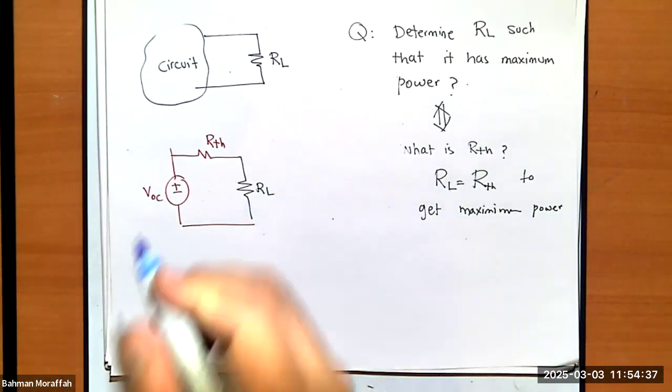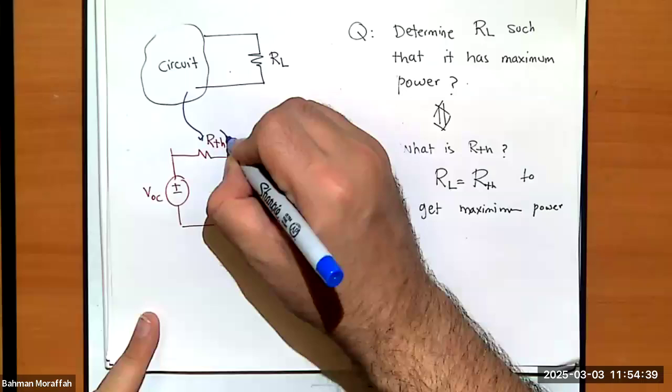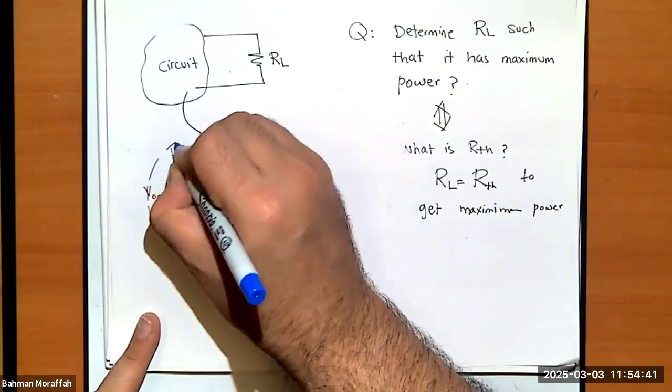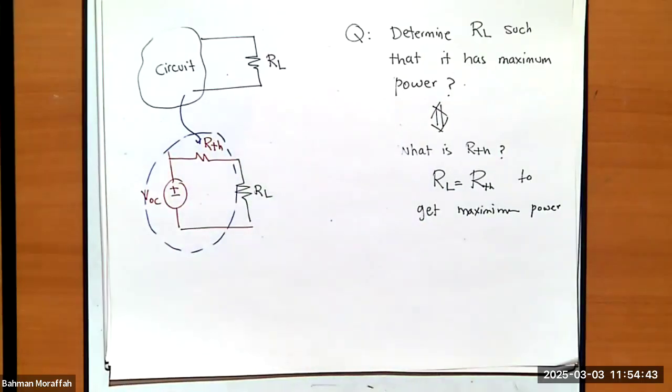Basically, the circuit can be replaced by this portion, right? And in this circuit, we know exactly how to determine RL such that it has the maximum power. RL must be R Thevenin, right?